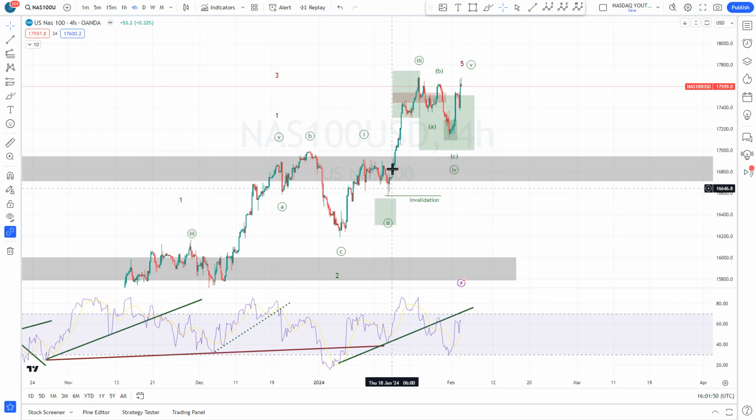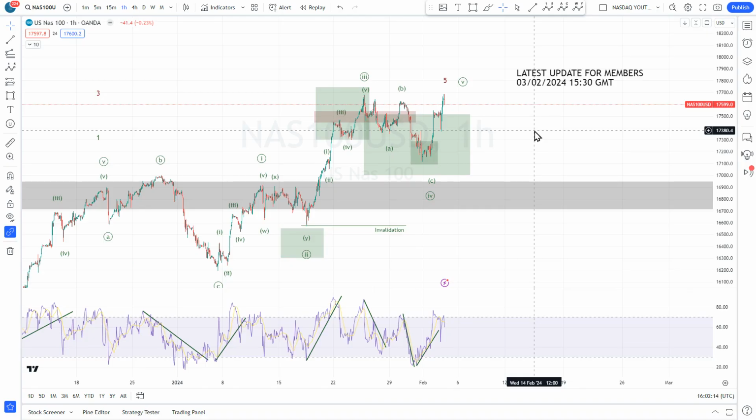So this could mean a complete structure, which means that we might be ready for a pullback. However, we can still see more upside, as long as we respect the divergence right here. And therefore we go to the lower time frame.